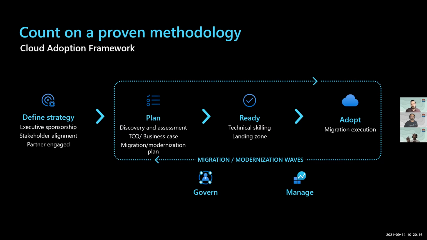So I want to quickly spend a minute on this CAF framework, because this is a very general framework that any platform will bring to you. But mainly the most important thing I have seen from my experience is you have to have executive sponsorship.